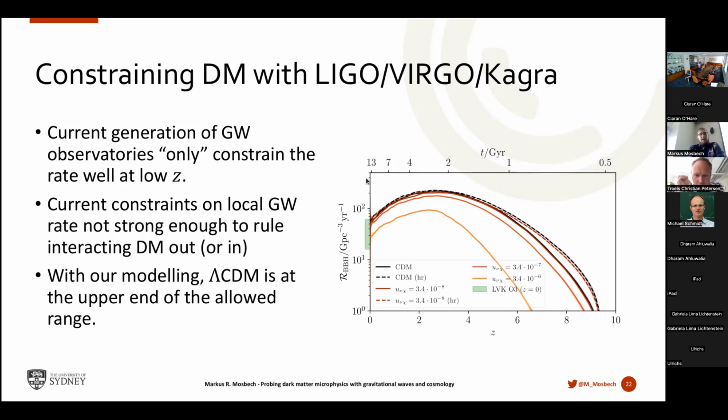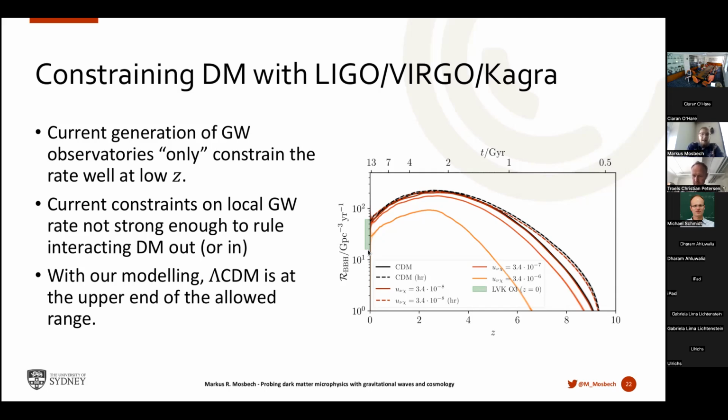The problem is that with the current sensitivity of LIGO, Virgo, KAGRA, we only really have a good idea of the rate around z of 0. And unfortunately, they all converge around z of 0. They're all within this allowed band.